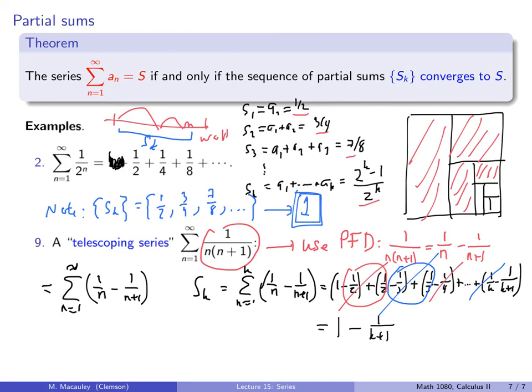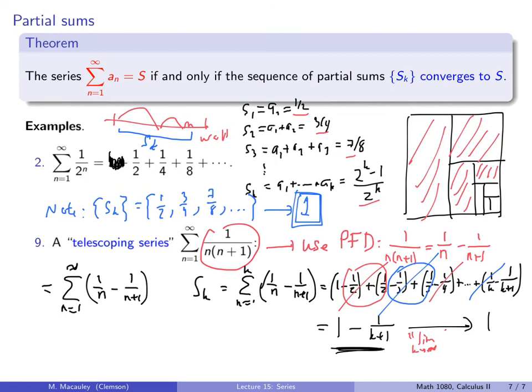This is called a telescoping series because everything in the partial sum cancels, and the only thing left besides this 1 is that it telescopes all the way to the end and picks up this last term. So this partial sum right here clearly converges to 1. And by the way, when I put this arrow here, it's just short for the limit as k goes to infinity.